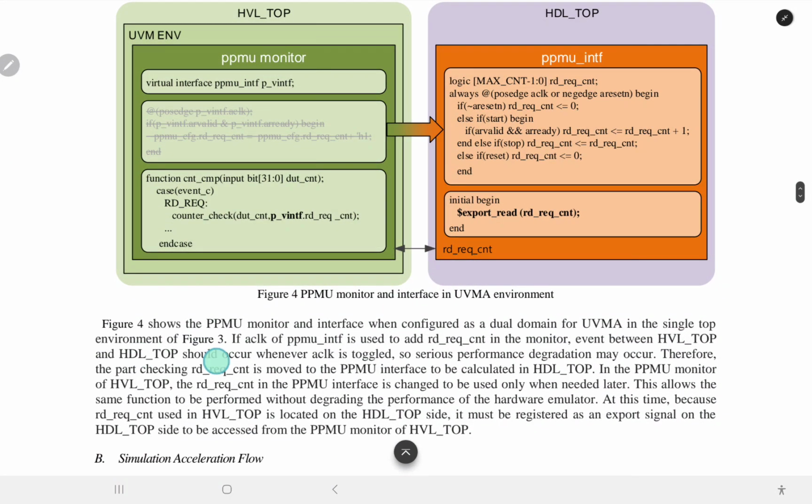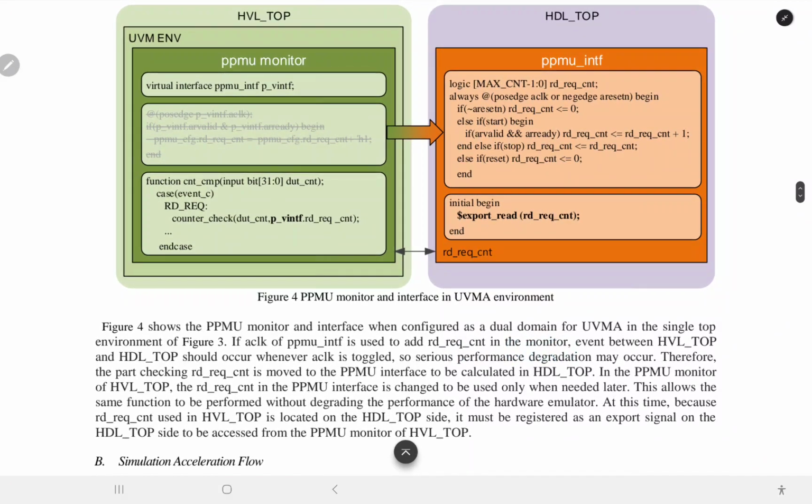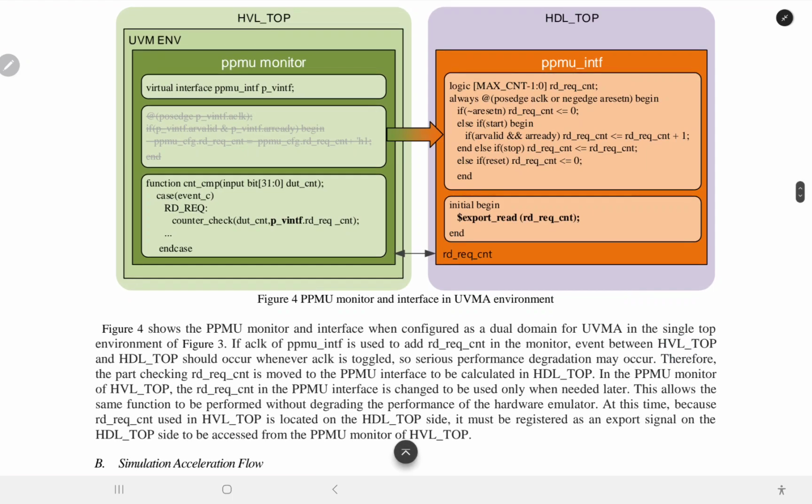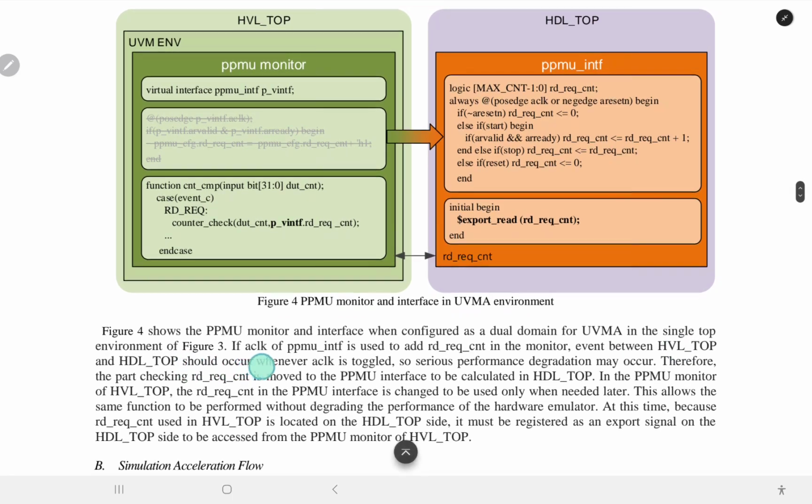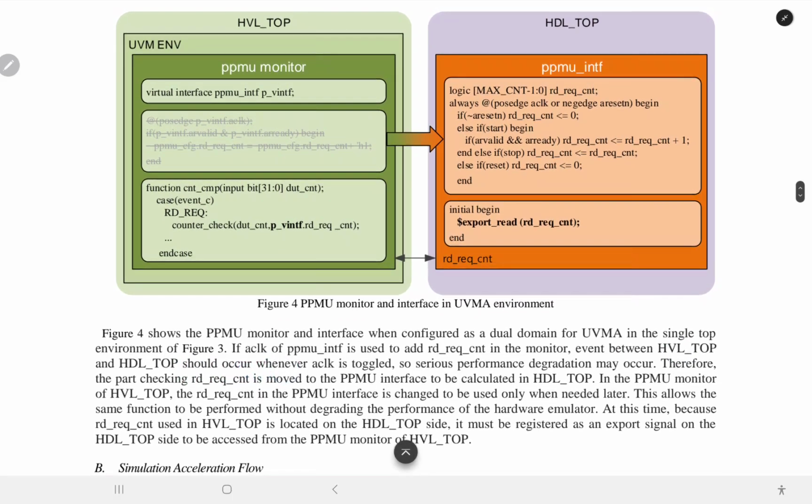If the A clock of the PPMU interface is used to add REQCNT in the monitor, an event between HVL top and HDL top should occur whenever A clock is toggled, so serious performance degradation may occur.